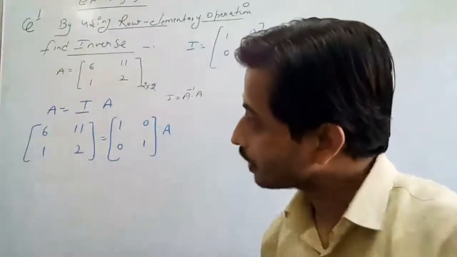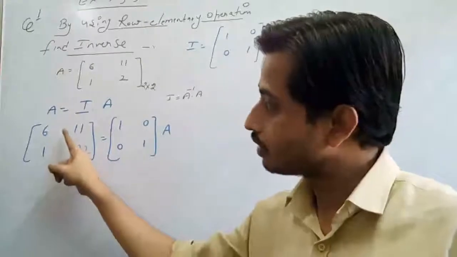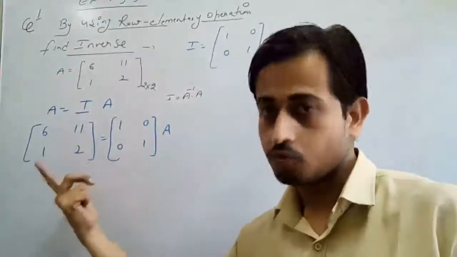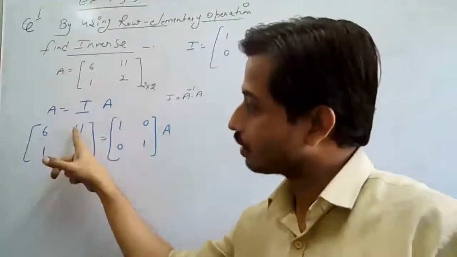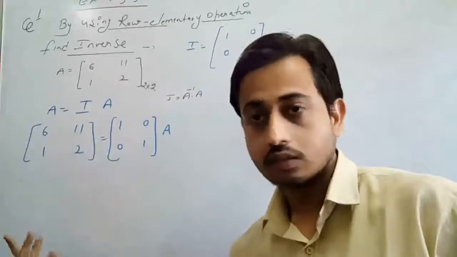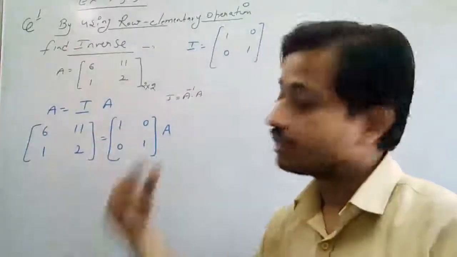Is it possible to make 1? If we multiply by 2, or subtract 6 minus 11, we get 5 minus 5. If we double this number, we get more than 6. So there is no easy way to obtain 1.